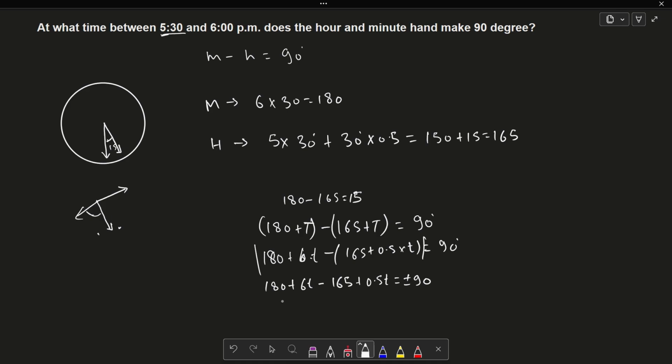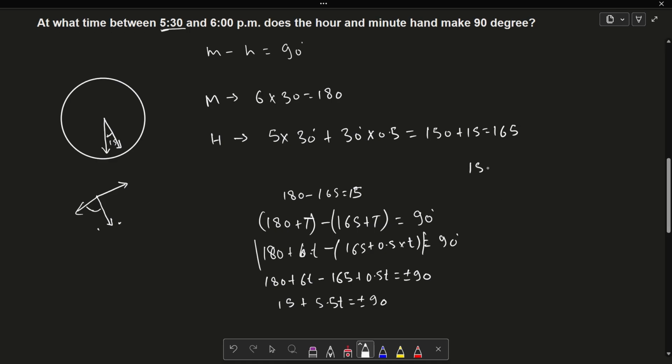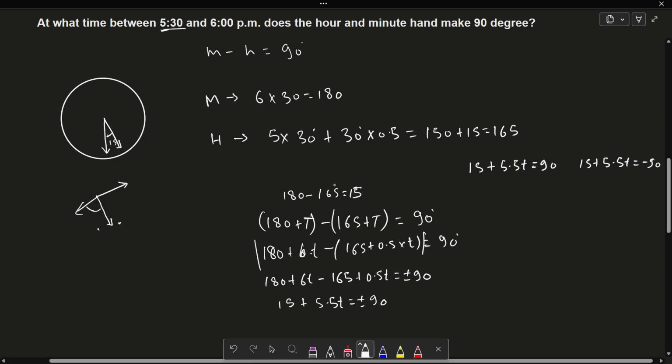If you solve this here, you will get 15 plus 5.5 t equals plus minus 90. Let's write the equation separately. 15 plus 5.5 t equals 90, and another equation is 15 plus 5.5 t equals minus 90, right?